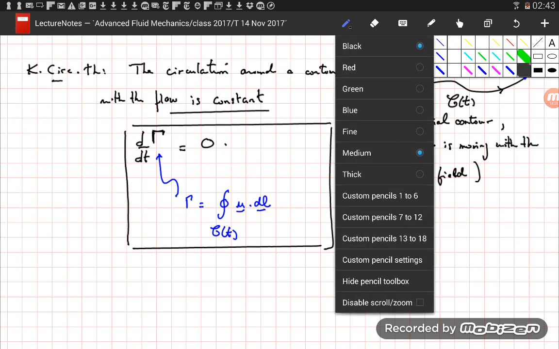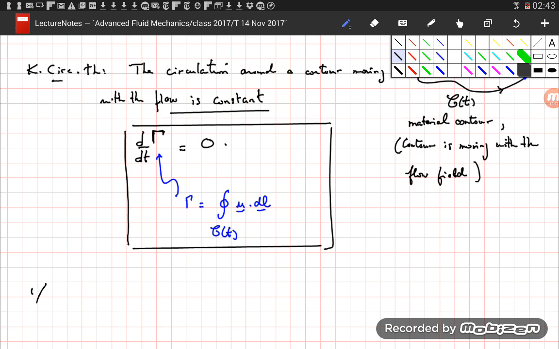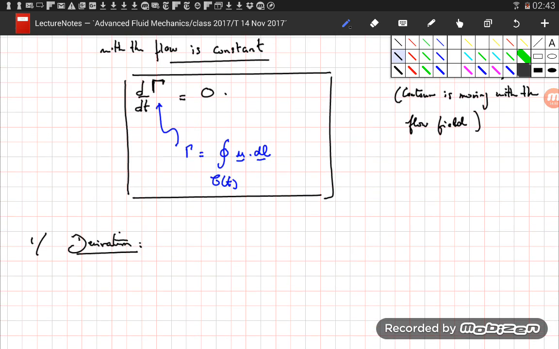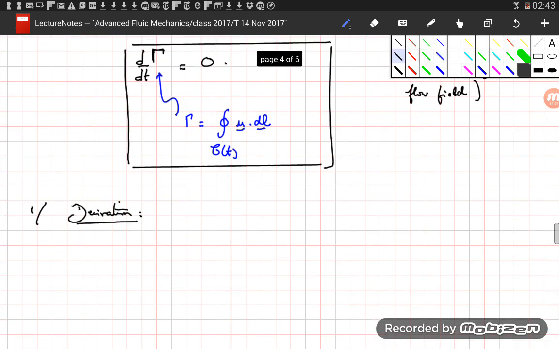So here I'm going to quickly derive this result so you have an idea where it comes from. And so we'll start from the time derivative of the circulation. Again, remember this is a circulation around a material contour.